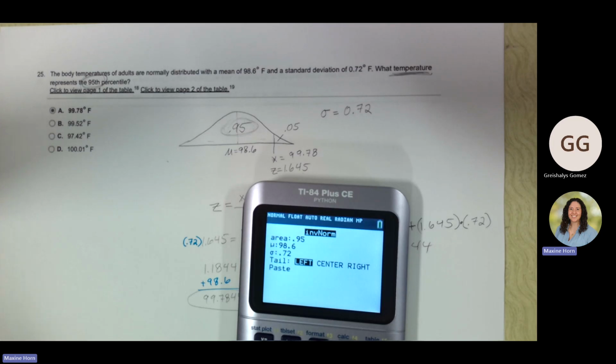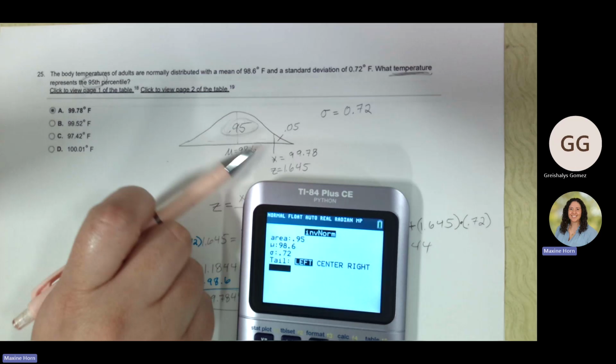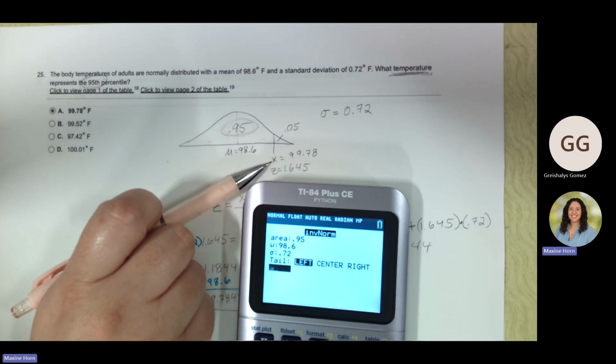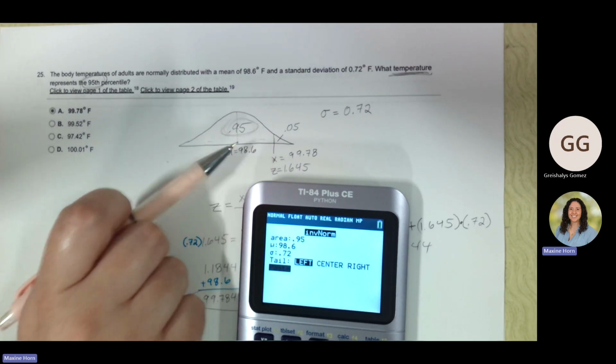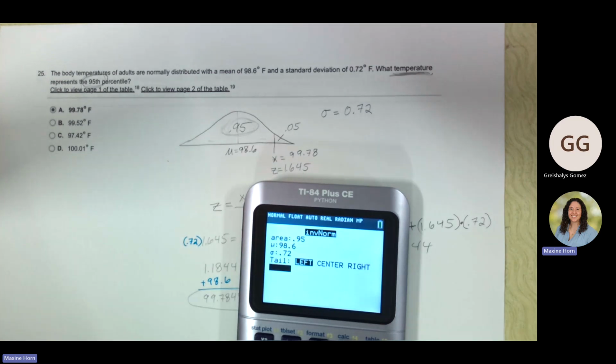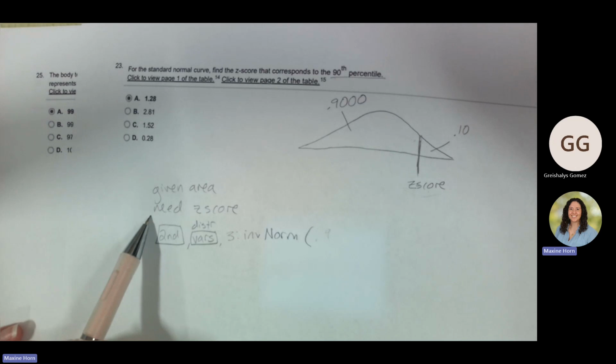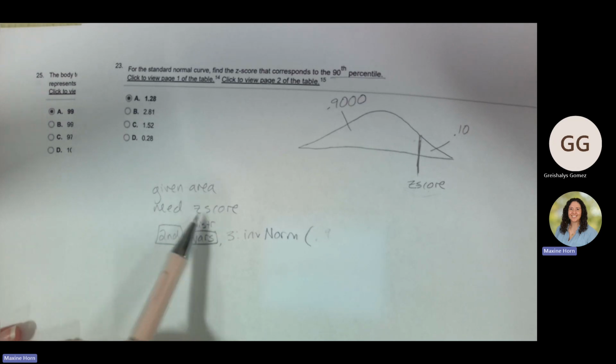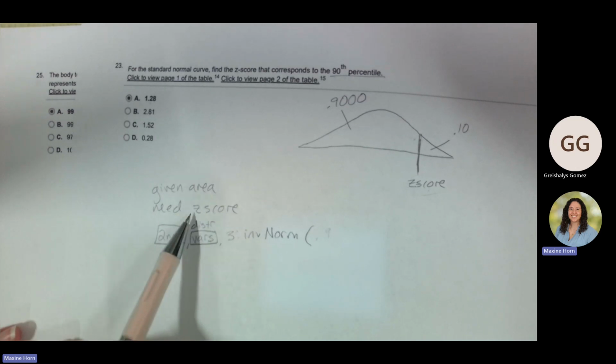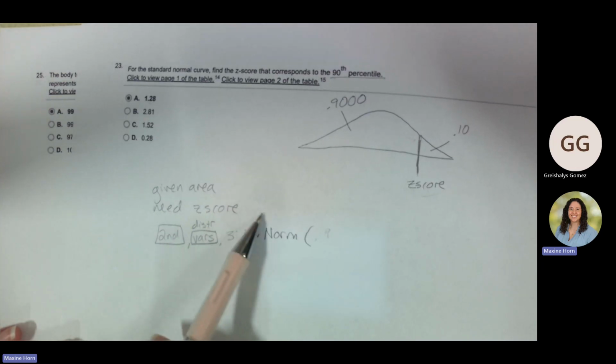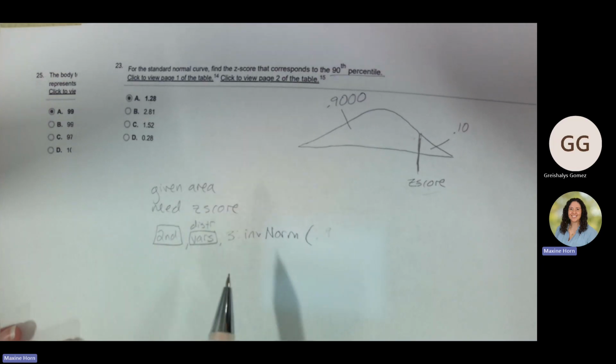So we're doing inverse norm because we have the area and we're trying to find the corresponding either X value or Z score. If you have the area, I think I wrote that somewhere. So if you're given the area and you need the Z score, which by the way, once you have a Z score can lead to your X value, or instead of a Z score, you can do an X value if you also have a mean and a standard deviation, that's when we use the inverse norm, okay?